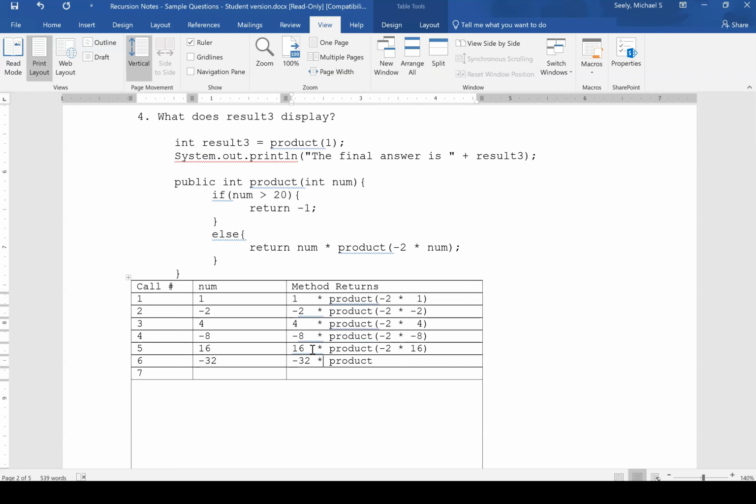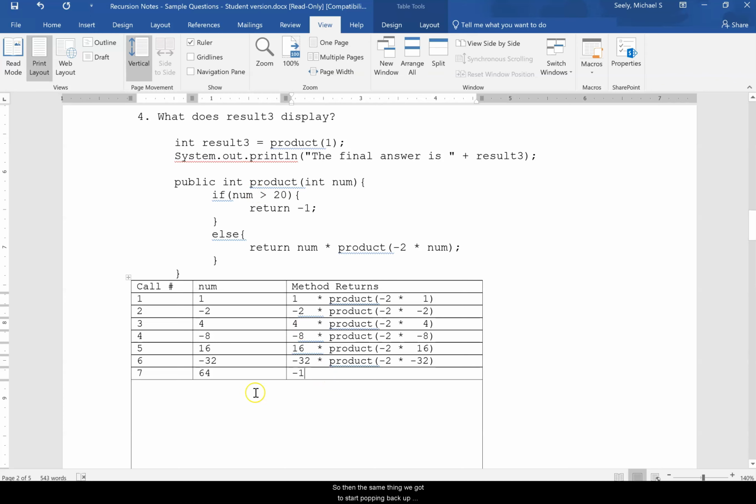I don't want us to get screwed up with what we're viewing. So then -2 times a -32. That would be a +64. So 64 is greater than 20, so it returns -1.